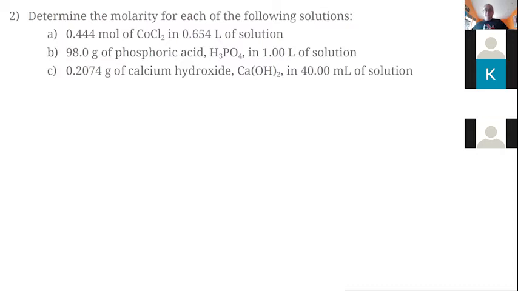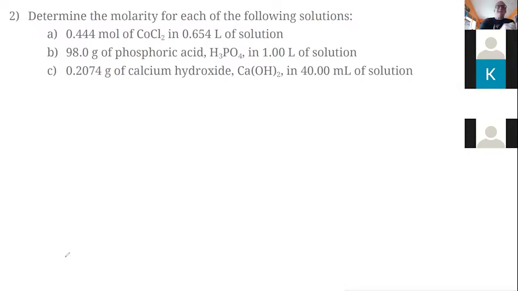Now, molarity. What does molarity mean? Can anyone give me a working definition of molarity? Molarity measures how concentrated a solution is based on the number of solute particles dissolved. Mm-hmm.